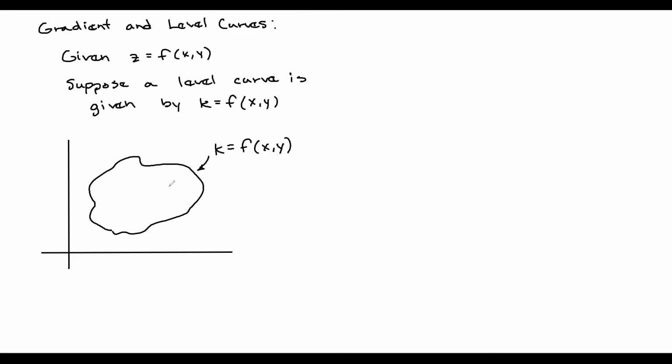All right. So in that case, this is a statement that we will go through and prove. The gradient is orthogonal to the level curve for all of the points that are on the level curve.